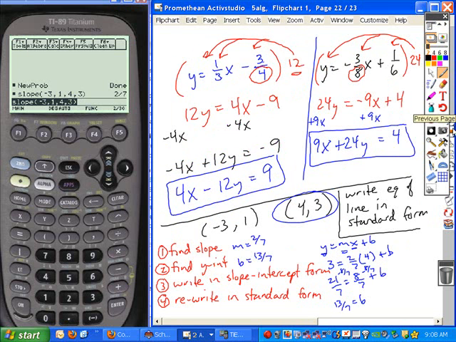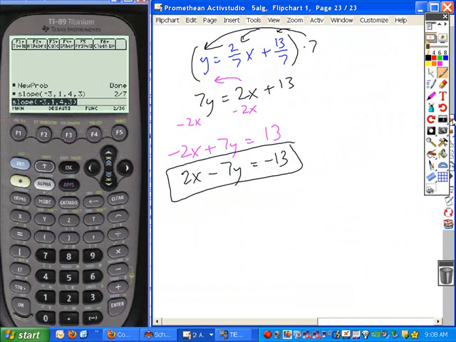All right, the final thing that's covered in this section is vertical and horizontal lines, the equations for those. So if you have a vertical line, what coordinate never changes? I'll come back to this in just a second.